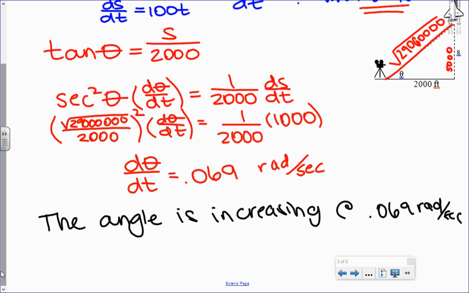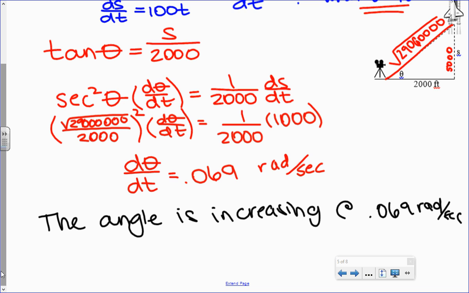This one actually said rate, rate of change of the angle. So sometimes it's going to be obvious. It says the word rate. Or you're going to have to infer because they give you numbers that are in terms of a rate.